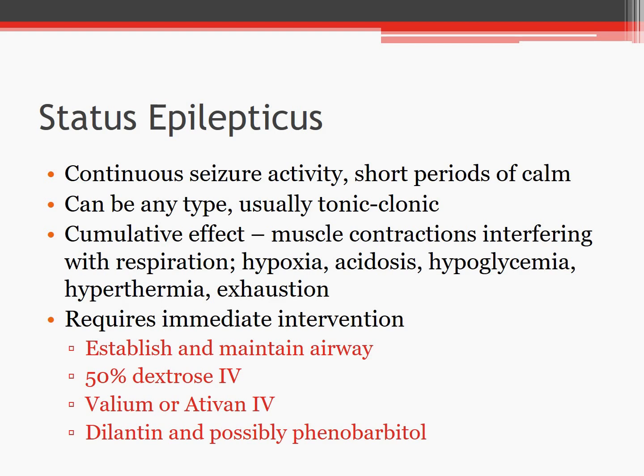A lot of times they will give IV push medications such as Ativan or Valium, some type of benzodiazepine, to hopefully break the seizure. Then possibly check their drug levels to see if the drugs they're on for the seizures are low, possibly give them a dose of that drug IV, and then close monitoring to make sure that there is sufficient recovery.